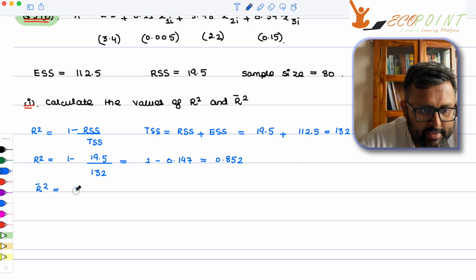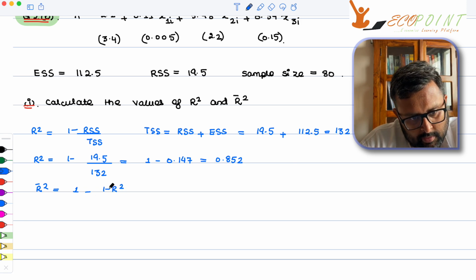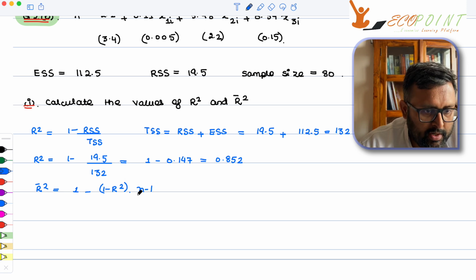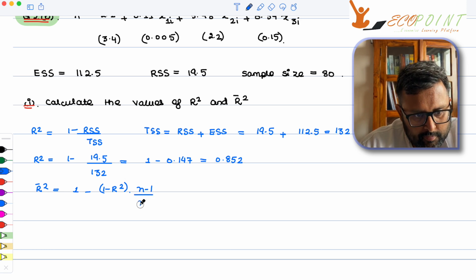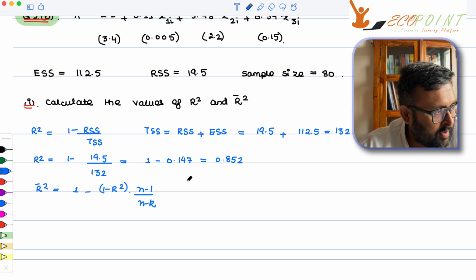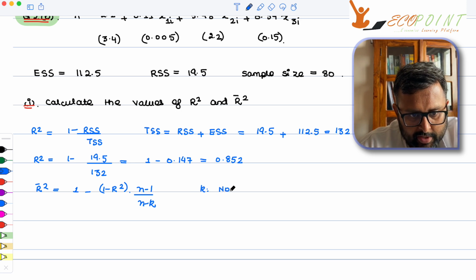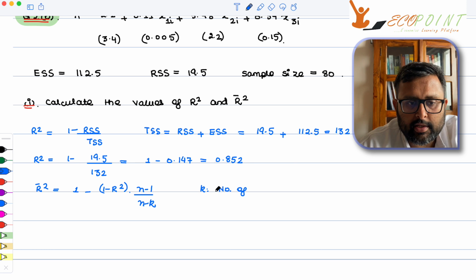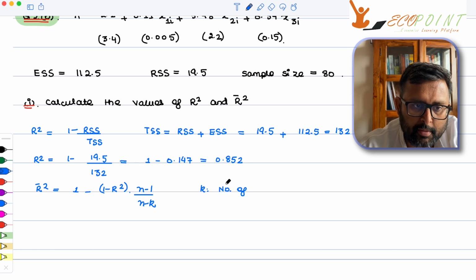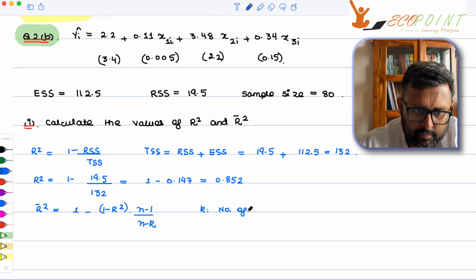What is R bar square telling you? R bar square is adjusted R square. So it is 1 minus (1 minus R square) times n minus 1 upon n minus k, where k is the number of independent variables. So here in our case, how many independent variables you have? 3.